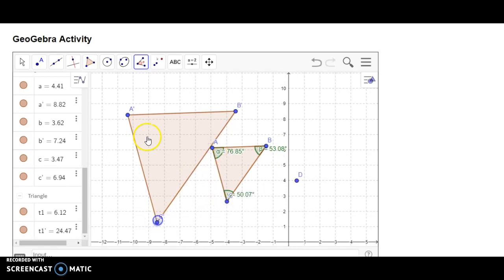Let's measure these ones. Right, and we can see that all three are the same. And we know that these are not congruent triangles because congruent triangles are all exactly the same lengths and everything. So this is saying that even if we know that all three angles here are the same as all three angles here, it does not prove that these triangles are congruent.